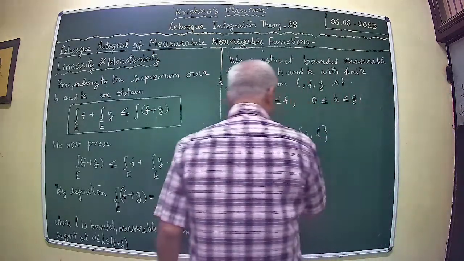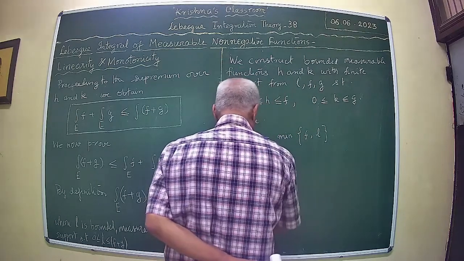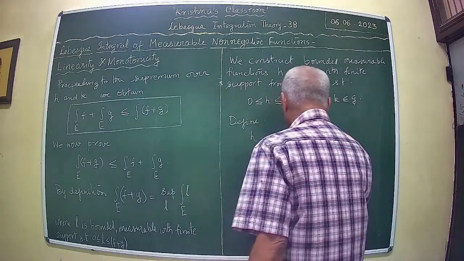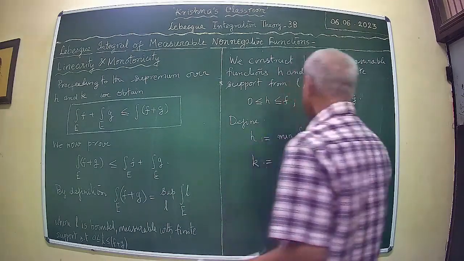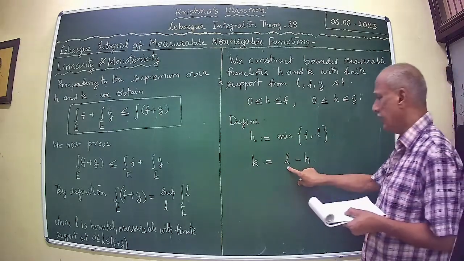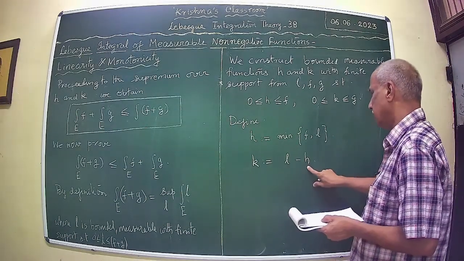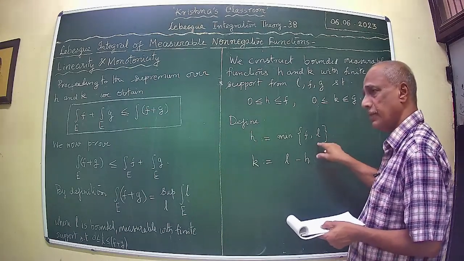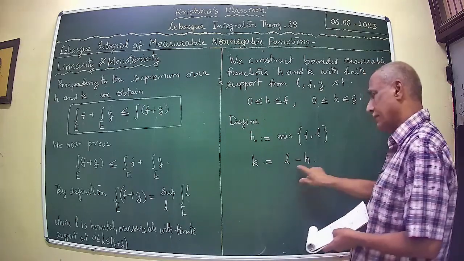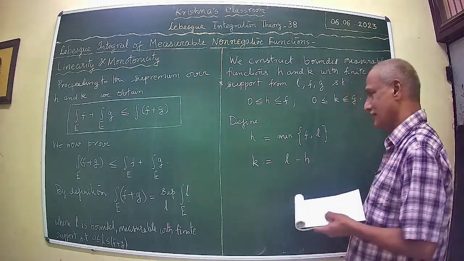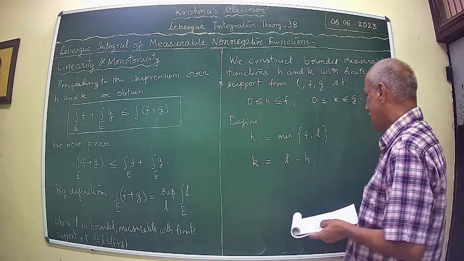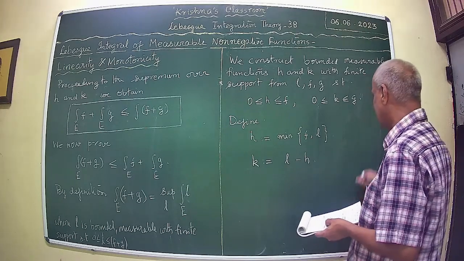And now k you define as L minus h. L is of having finite support, h is also having finite support as we have described here. Therefore, k also has finite support. They are measurable, they are bounded, so everything is fine. And now we have to see whether k satisfies this property.